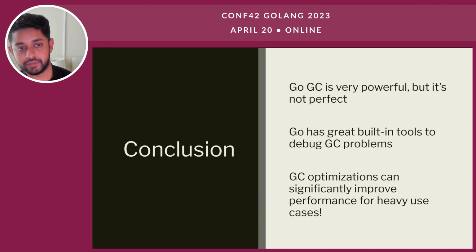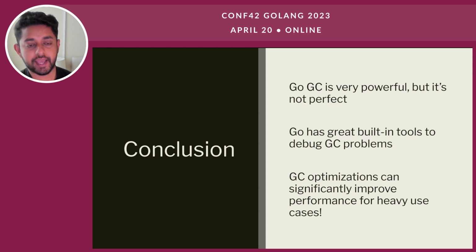So, to conclude, the Go garbage collector is highly optimized for most use cases. It's a fantastic piece of technology, and most developers do not need to worry about how it's implemented and don't need to worry about its performance. However, for some heavy, very large-scale use cases, the garbage collector could cause a pretty significant impact to your program's performance.